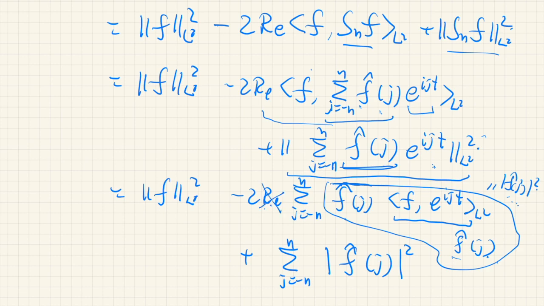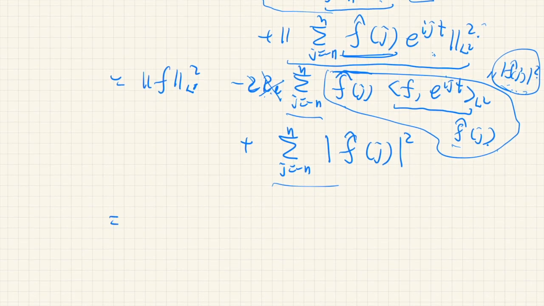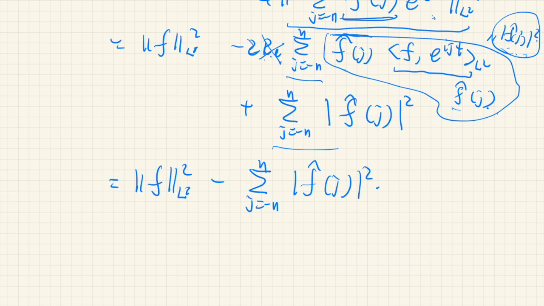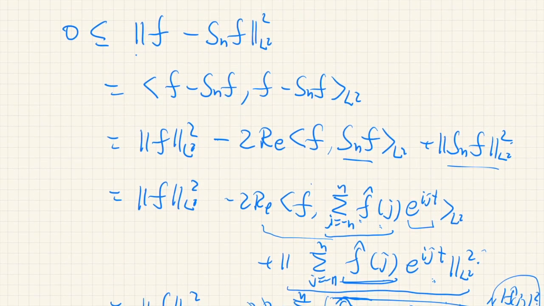And this summation and this summation are the same, but we have negative 2 here, so after all, we have the norm of f squared minus the sum of the absolute value of f hat j squared. And now recall that we started from here.